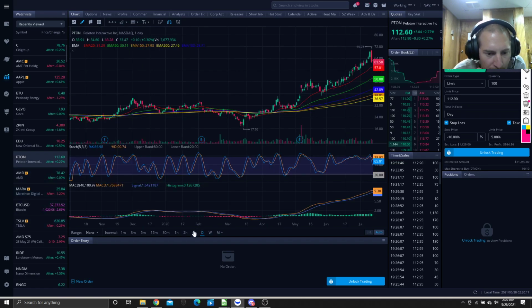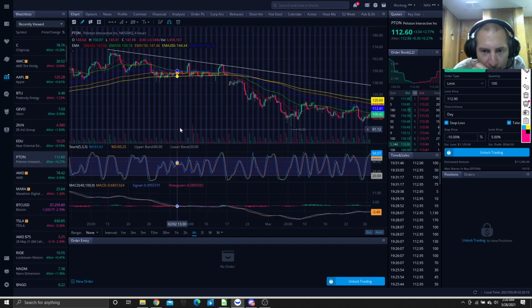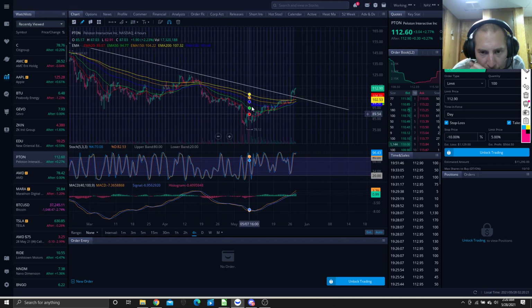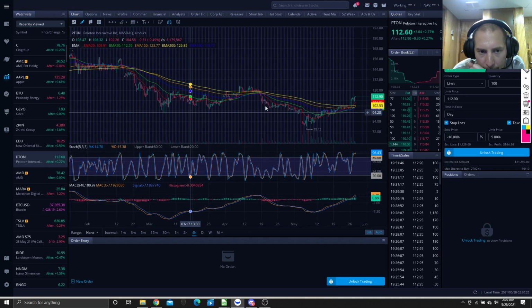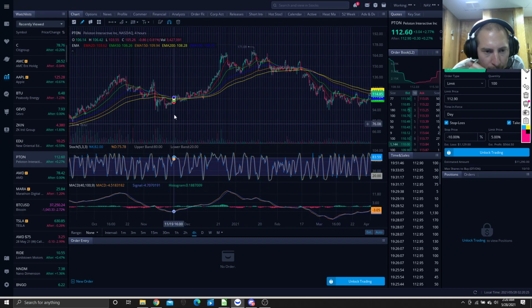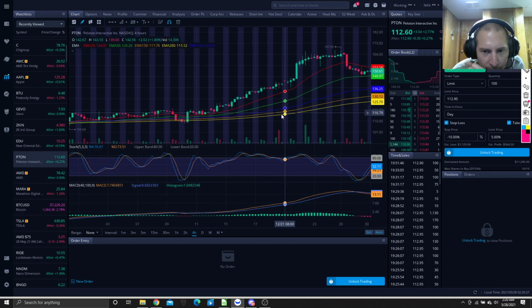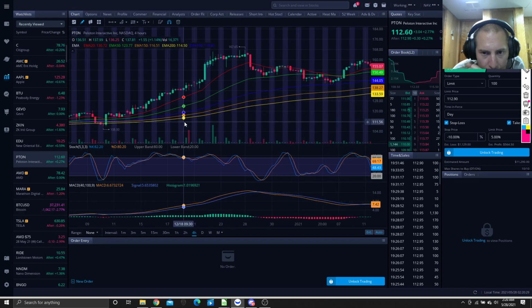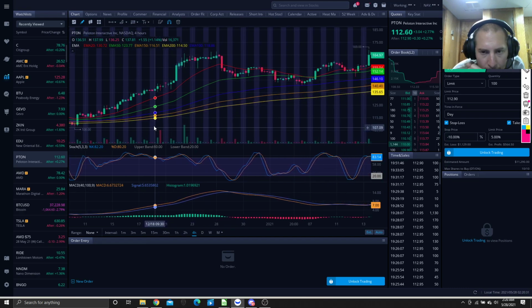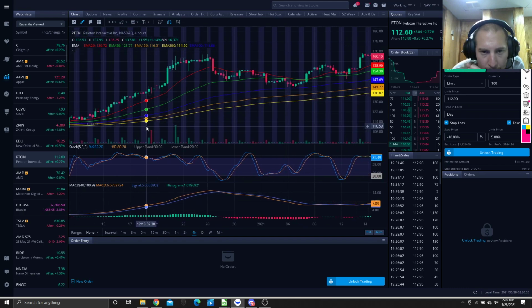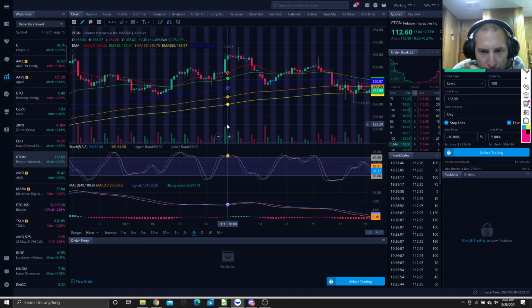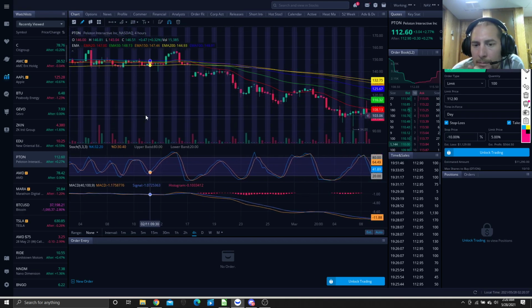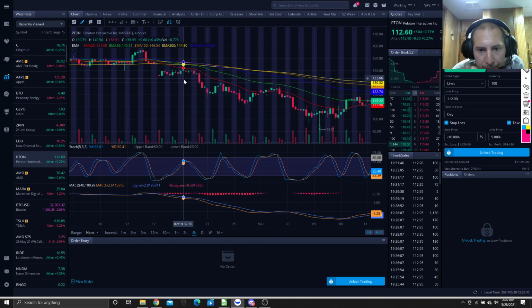Let's go look at Piton, but let's move this into a 4-hour chart this time. So the rules are still the same on any time frame. Solid downtrend.